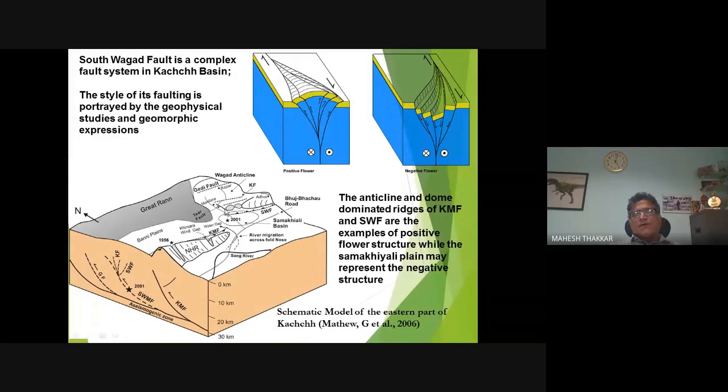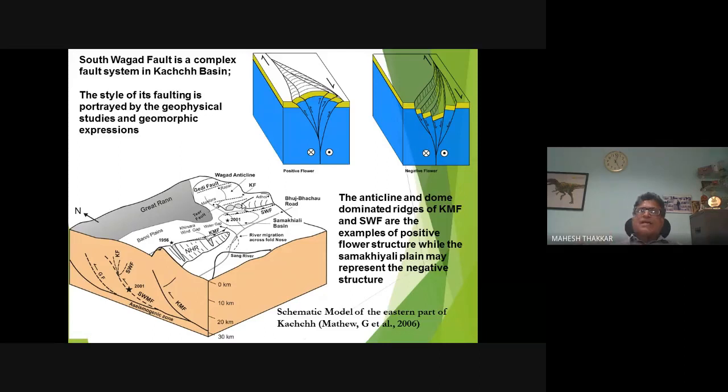Almost 20 domes, and some 7 to 8 domes along the South Wagad, have positive flower structures, and there are some depressed areas between these two faults, the SWF and KMF. You can see the 2001 earthquake epicenter is exactly between these two, in a portion called the Samakhyali Basin, which is a depressed area found by subsurface studies and seismotectonic signatures. It is a negative flower structure, with branching fault activity.